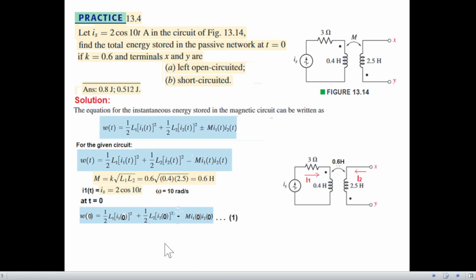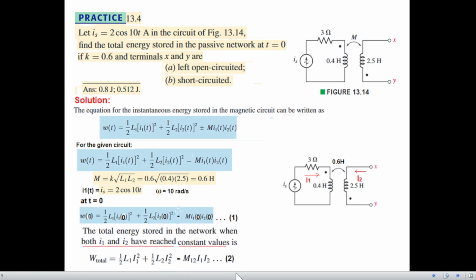But we'll not be using this equation; rather we'll use another equation, which is the total energy stored in the network when both I1 and I2 have reached constant values. That can now be written as W total is half L1 times capital I1 squared, plus half L2 times capital I2 squared, minus M12 I1 I2.